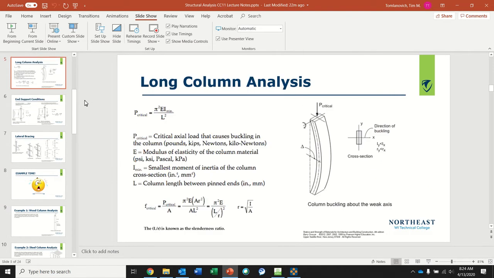So find. This is example 1. P critical equals pi squared times the modulus of elasticity times my moment of inertia, divided by the length squared.